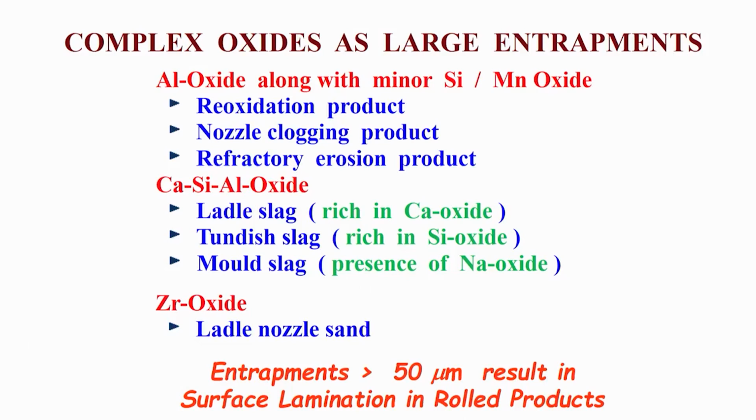complex oxides which are known as large entrapments, whether it is reoxidation product or nozzle clogging product or refractory product or entrapment of slag or ladle nozzle slag, and normally these are relatively larger in size, more than 50 micron, sometimes more than 100 micron. So, they cause quality problems, they cause defects.